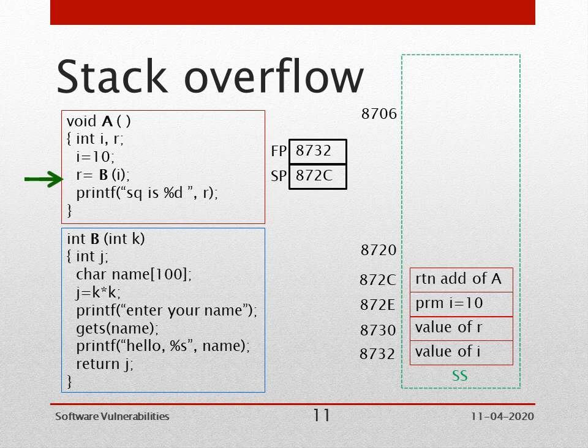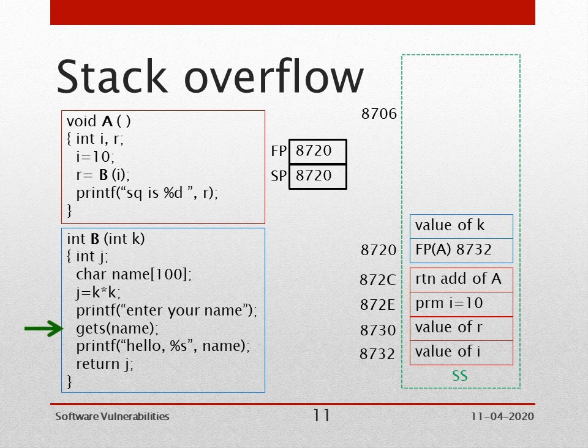Once program control goes to function B, the previous value of FP is pushed to the stack and the new value, that is the starting address of the stack frame of B, 8720, is moved to FP. The blue block indicates the stack frame of function B. It stores the local variables of B.